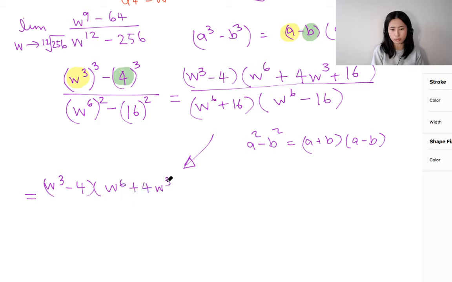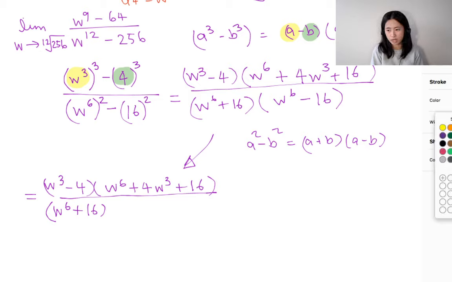However, in my denominator, I'm also copying this W raised to the power of 6 plus 16 because you can't really simplify that. And then I'm multiplying this to W raised to the power of 6 minus 16, but I'm changing this. Instead of W raised to the power of 6 minus 16, we can say that this is W raised to the power of 3 squared minus, well, we know that if you take the square root of 16, this is going to be 4, so 4 squared.